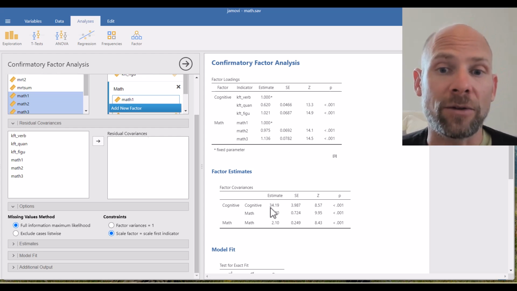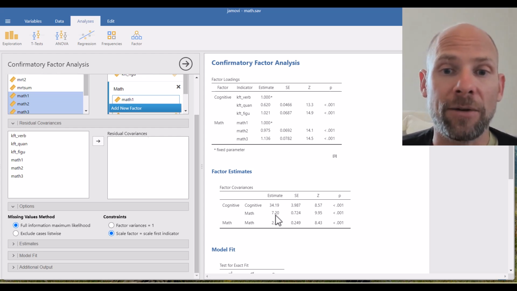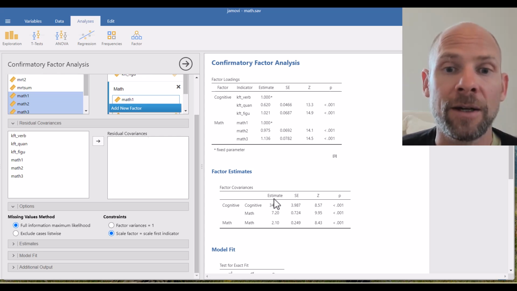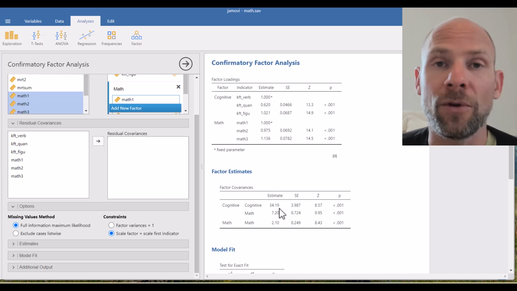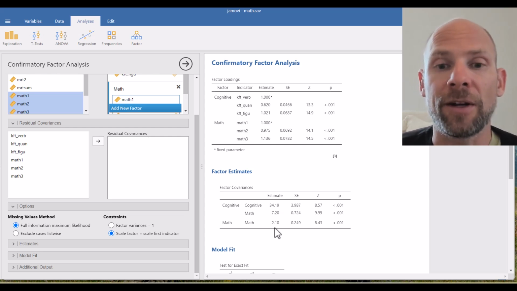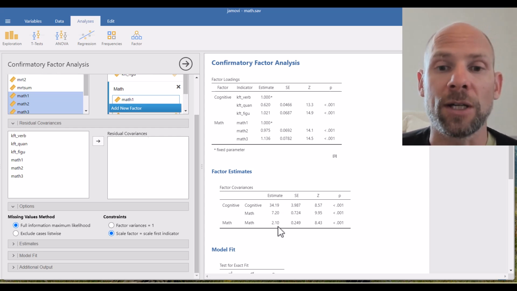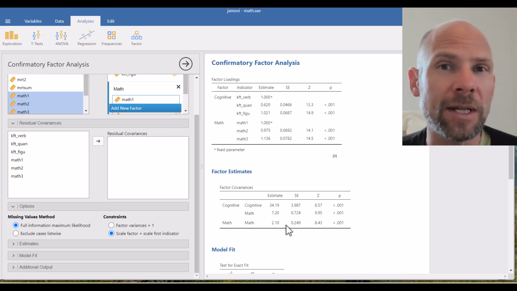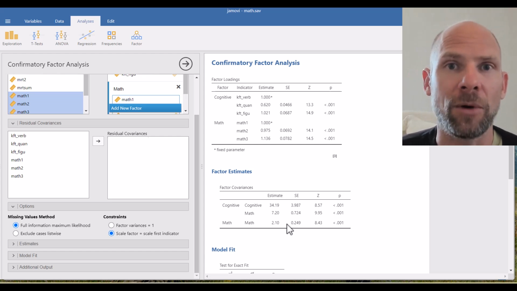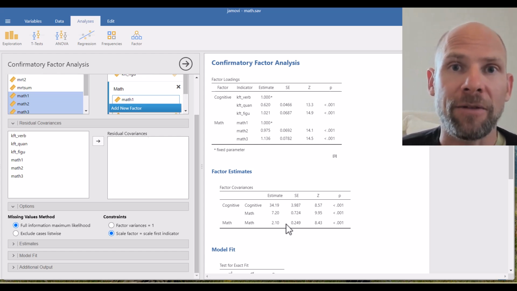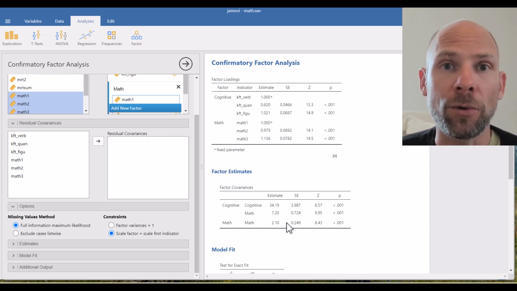And also the factor variances are changing because now they are no longer fixed. So now we have a free factor variance here for the cognitive factor of 34.19 and a free variance of the math factor also, which here is 2.1. So that's up to you. That's an arbitrary choice in most cases, whether you identify the model by fixing the variances or by fixing one loading per factor.